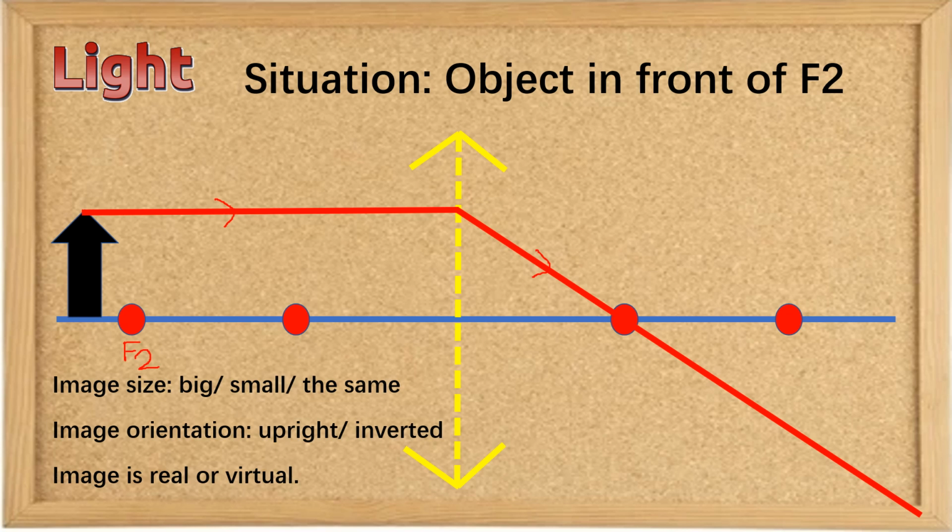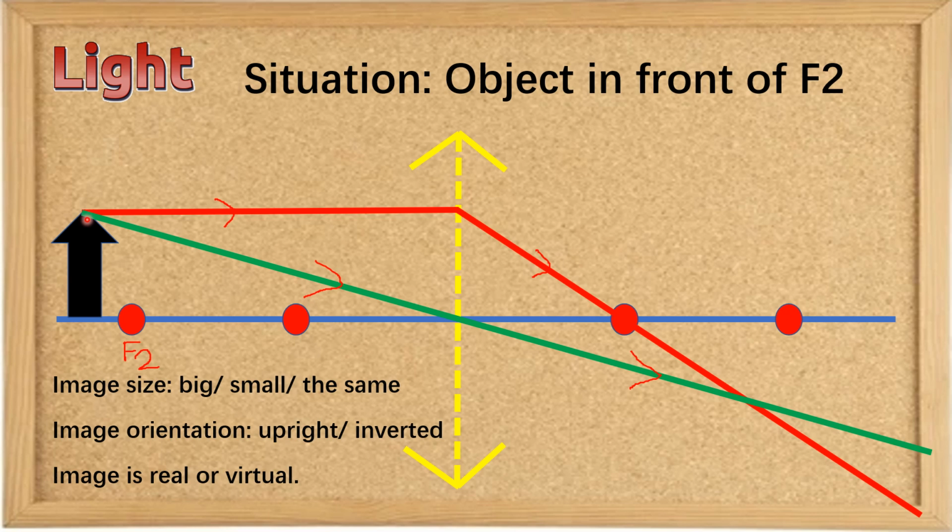Okay, next, from the top of the object you're going to make a line that will pass the central point, like this one. And then you're going to make a line from this point pointing to the focal point. Okay, and when the light passes here, the light will bend passing parallel to this line, just like this one.